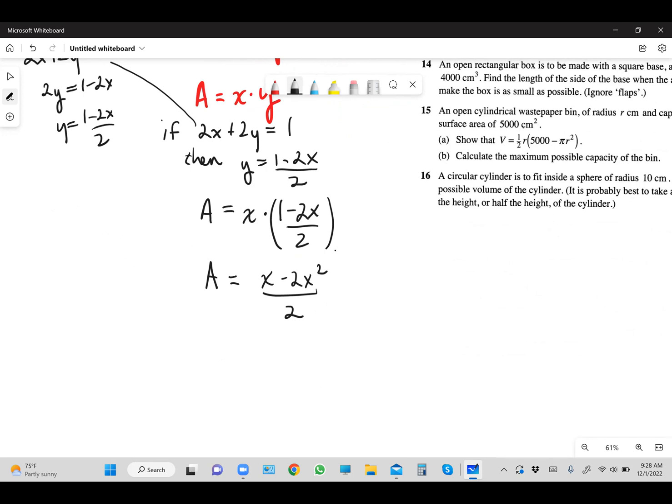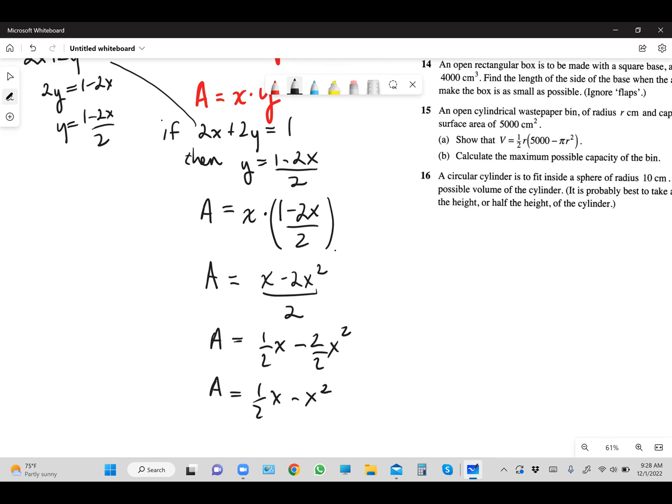Now, we don't have the tools in this class yet to deal with that just like that. But we may write it as this, half x minus 2 over 2 x squared. Do you see what I did there? And I'm going to write it a little bit prettier though. Half x minus x squared.